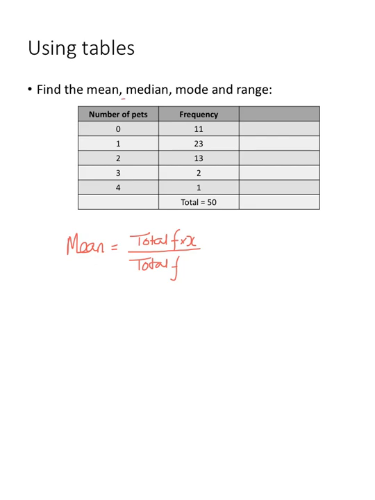So I'm going to call this category my X value, and the frequency is our F value, and in the last column we want to work out the product of these, so we want to work out F times X, our Fx column. Looking at this example, 0 times 11 is 0, 1 times 23 is 23, 2 times 13 is 26, 3 times 2 is 6, and 1 times 4 is 4.